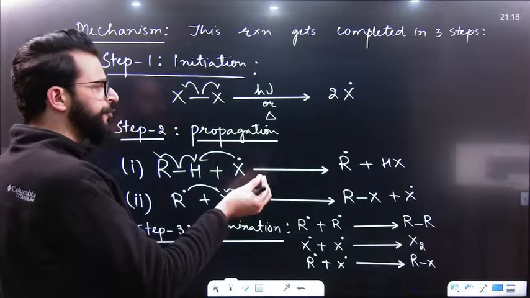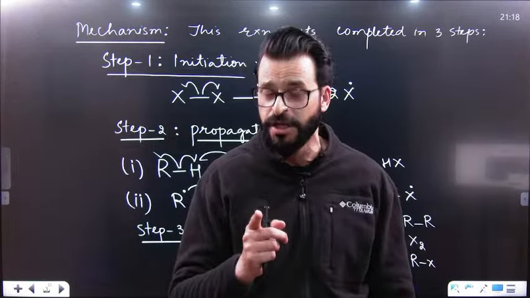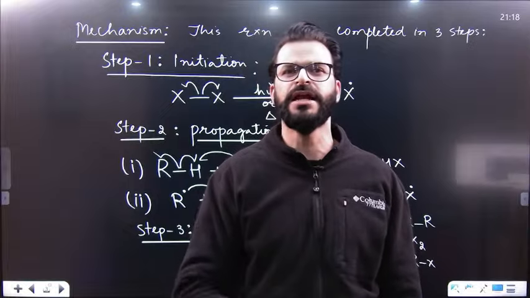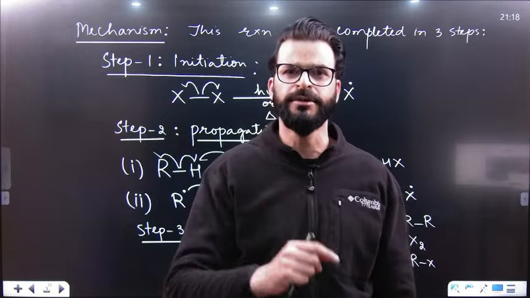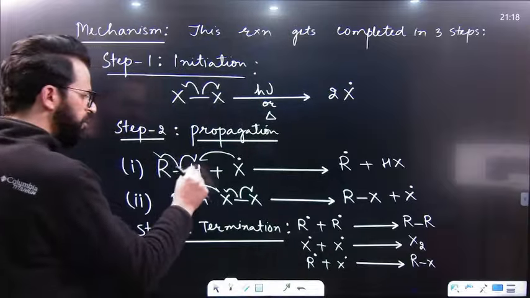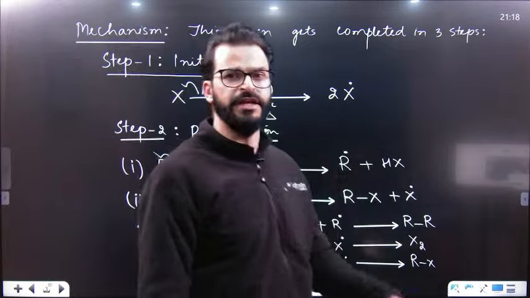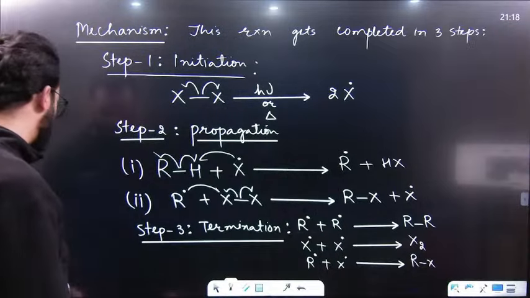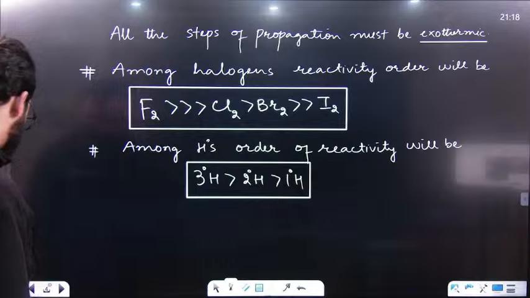And if a primary hydrogen is removed, it results in a primary carbon free radical. But we know a tertiary carbon free radical is more stable than a secondary, then a primary carbon free radical, and the reactivity of hydrogens is directly proportional to the stability of their carbon free radical. That's why I have written over here 3 degree hydrogen, 2 degree hydrogen and 1 degree hydrogen.